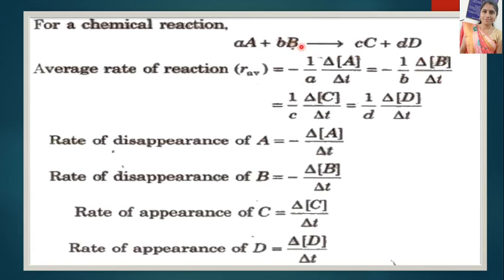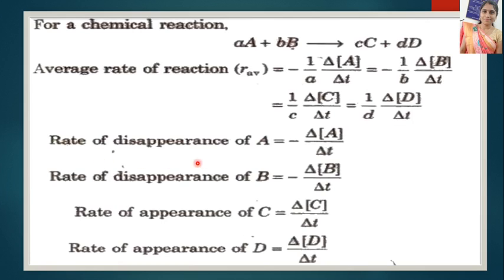In terms of product, it is given by a positive sign, because the concentration of product increases as the reaction proceeds. So 1 upon c, delta C upon delta t, is equal to 1 upon d, delta D upon delta t.